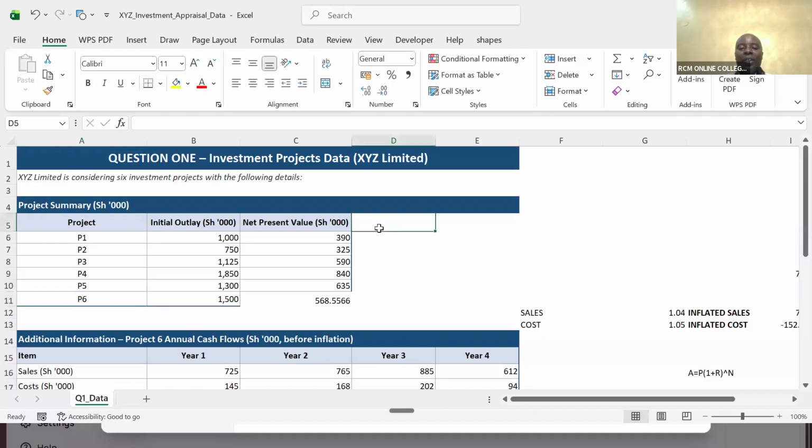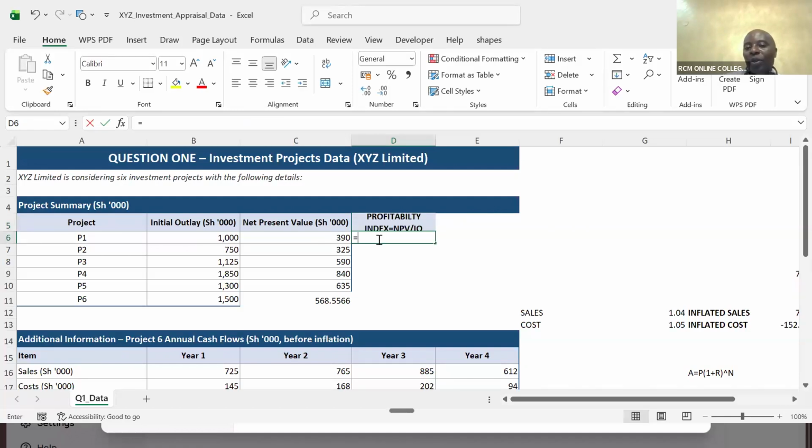Then come here and create a column for profitability index. So how do we get this profitability index? It's very easy. The easier one, because I have it already, is NPV. You take NPV and divide by initial outlay, because already we have these NPVs. However, you can still convert these NPVs to present values, but why should you do that? You'll end up getting the same ranks.